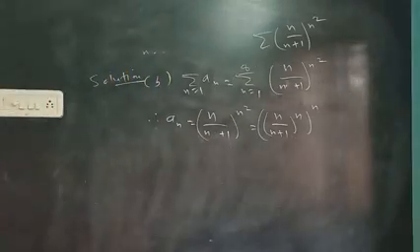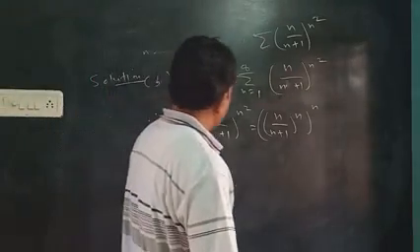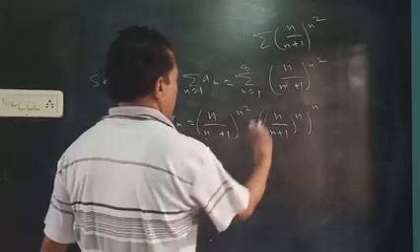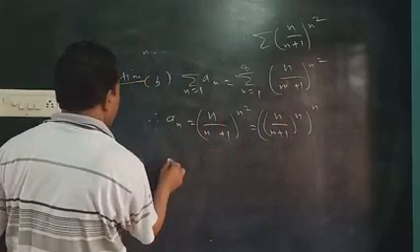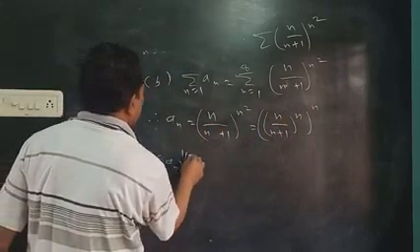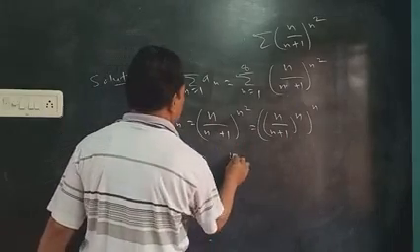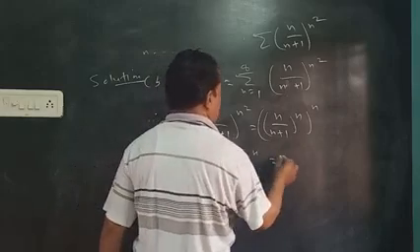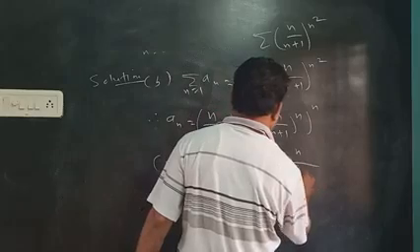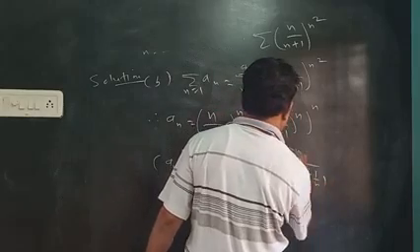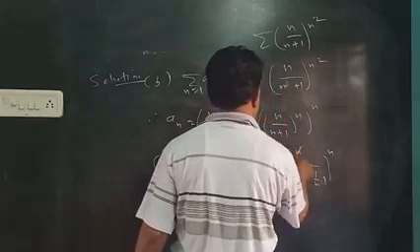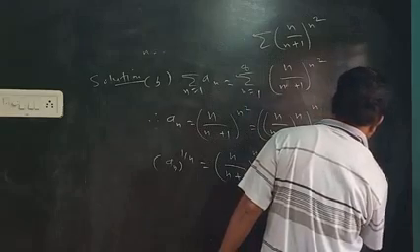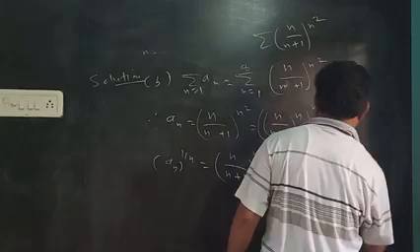Now raising to power 1 by n, we get n upon n plus 1 raised to power n. Taking n common, this is the same as 1 upon 1 plus 1 by n, raised to power n.